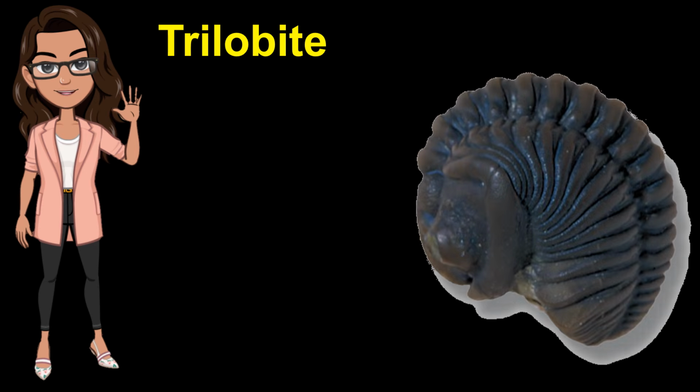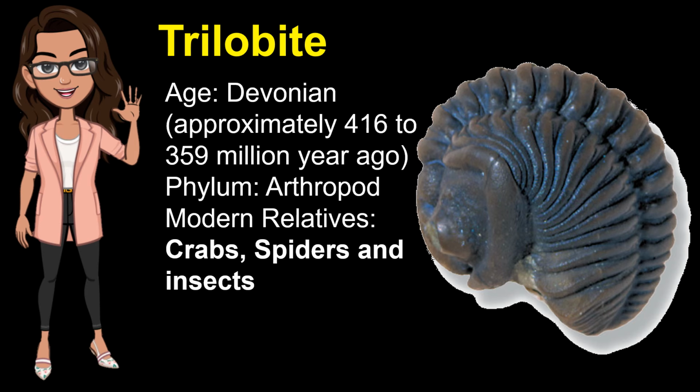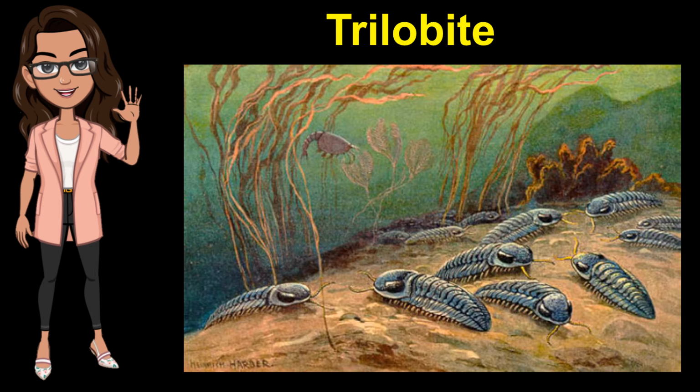Next is the trilobite. Age, Devonian, approximately 416 to 359 million years ago. Phylum, Arthropod. The modern relatives, crabs, spiders, and insects. Trilobites were marine arthropods.